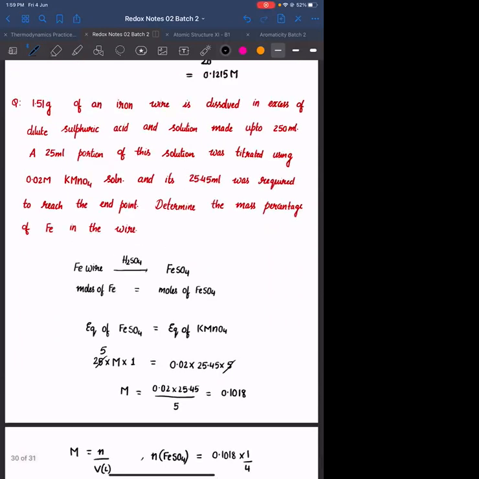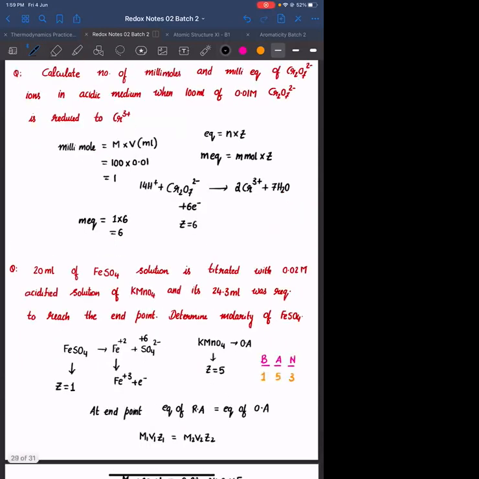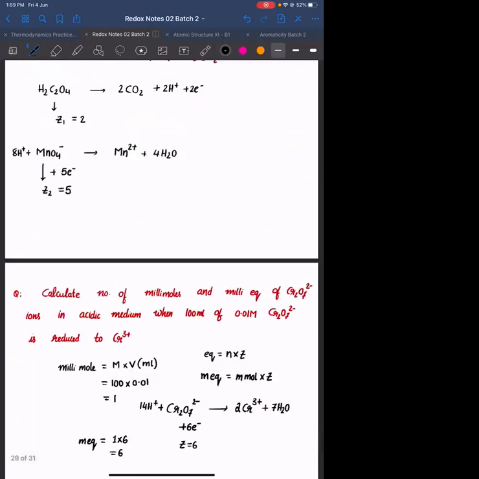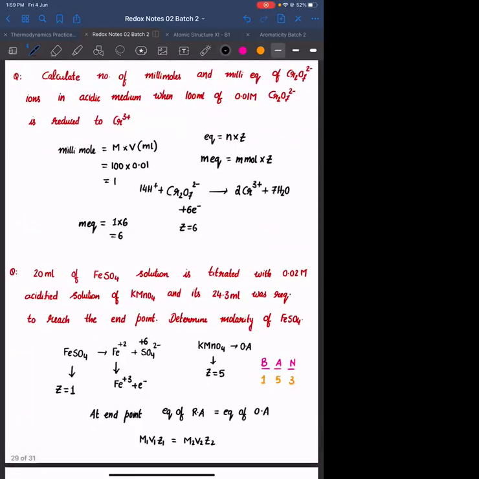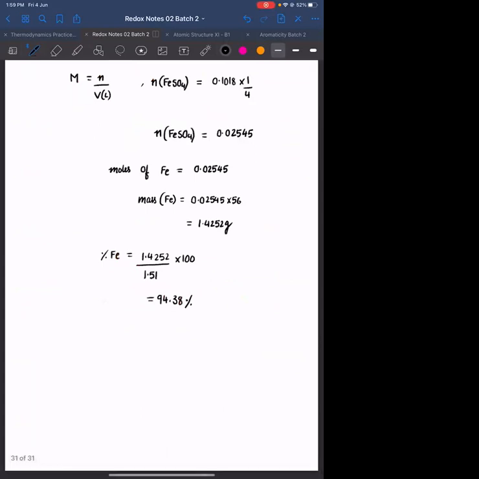We will end here today. We will be solving more and more questions on titrations, and we will be looking into volume strength. For H2O2 there is one more concentration term called volume strength, because we also use H2O2 as a titrating agent.